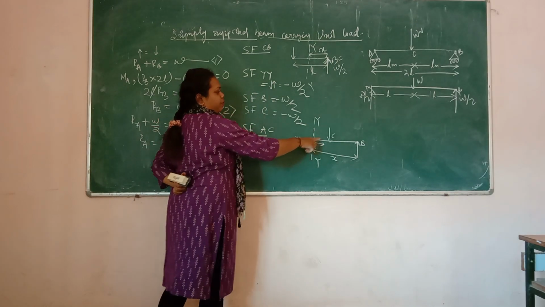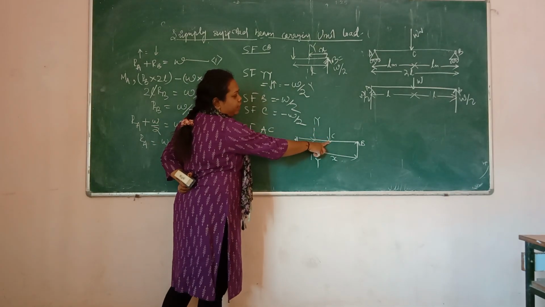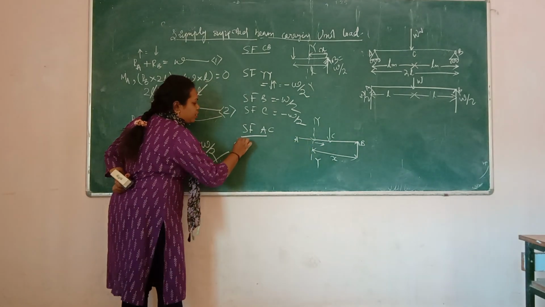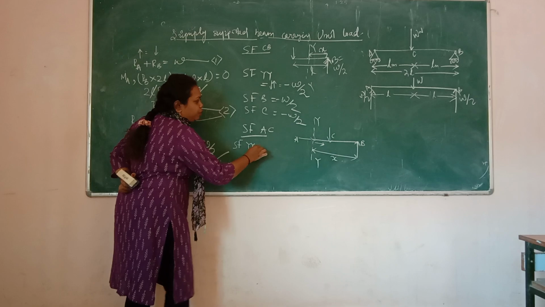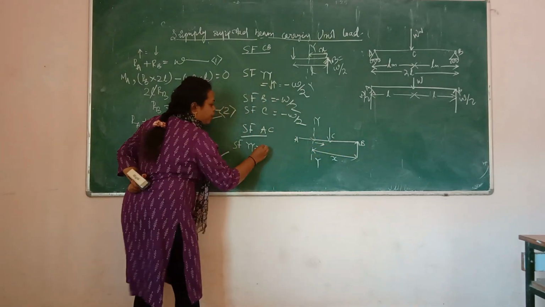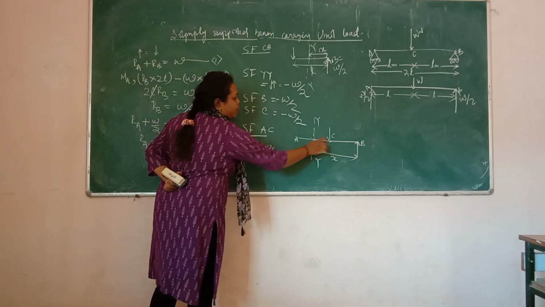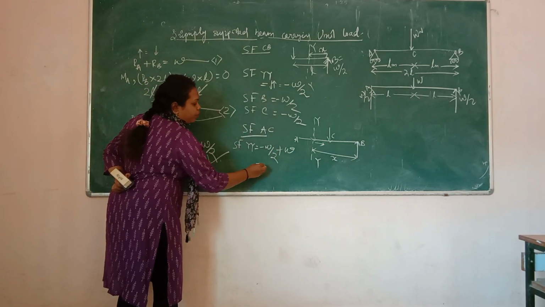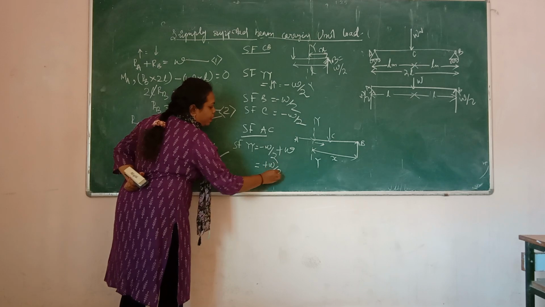So the sign is negative, and at point C the force is acting downward. So the force at point YY is upward. So shear force at YY is equal to, for this one negative, that is minus W by 2, and for this one positive, that is W. So shear force at point YY is plus W by 2.